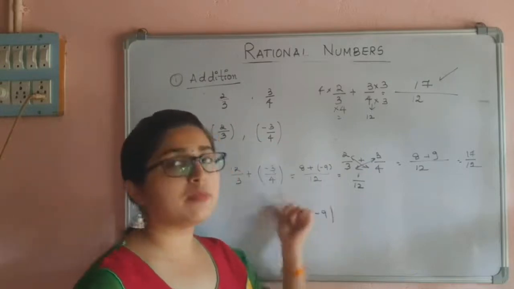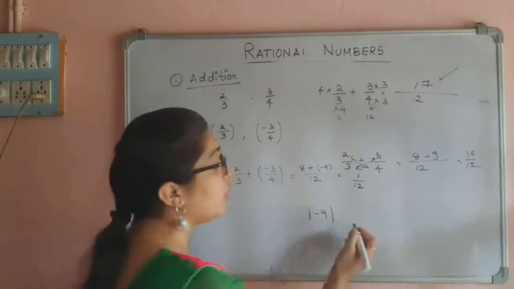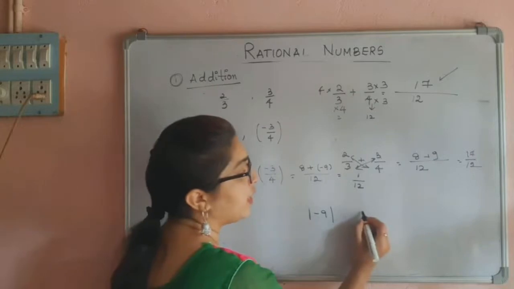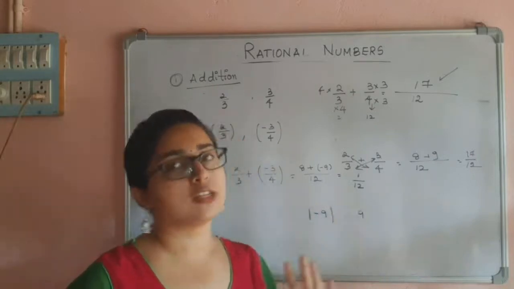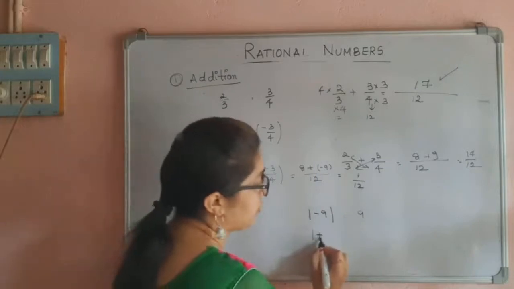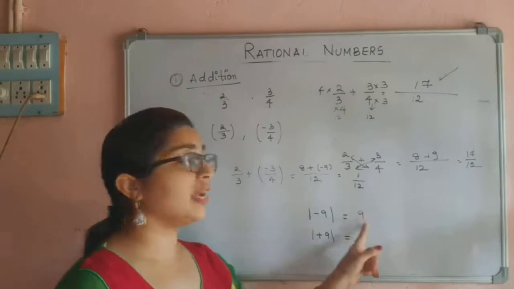So to find the absolute value, this is also called as modulus, mod. Okay. So what will be that? You have to take the number as it is, but the sign will be ignored. You are going to get a positive number. Even if it is plus 9, you are going to get it as 9. Even if it is minus 9, this is 9.